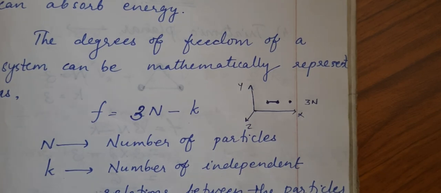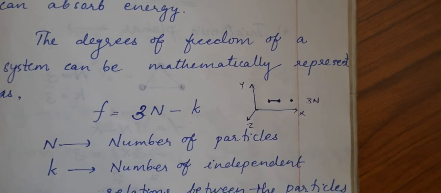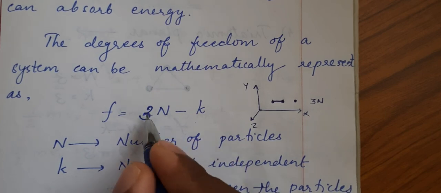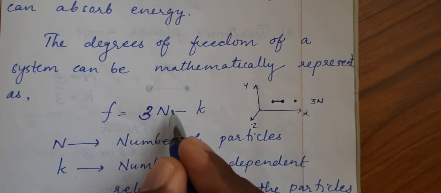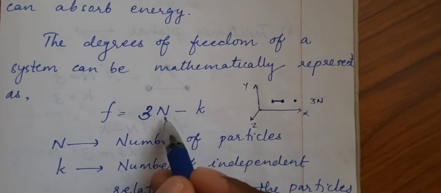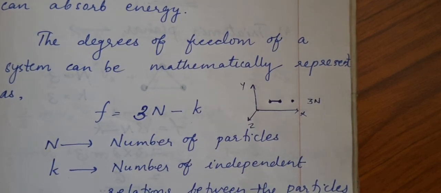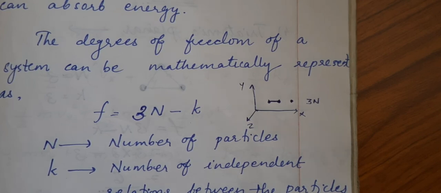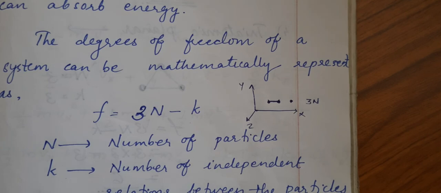Depending on the barriers or restrictions or constraints, this freedom will decrease. We write degrees of freedom as an equation: 3n minus k, where n is the number of particles present in the system and k is the number of relations or constraints or restrictions in this.